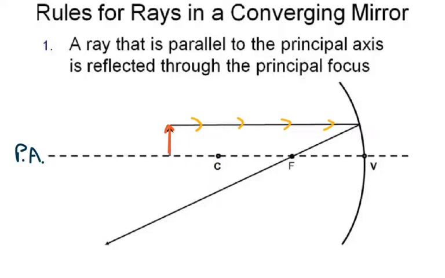Any light that begins parallel to the principal axis gets reflected off of the mirror and goes through the focus. And again, I've put a few arrows to demonstrate. In reality, when we do these, we'll only need one. We will always draw this light ray on when we're dealing with converging mirror diagrams.